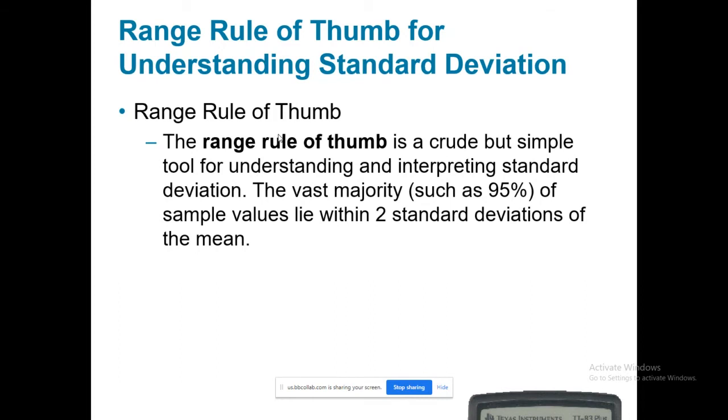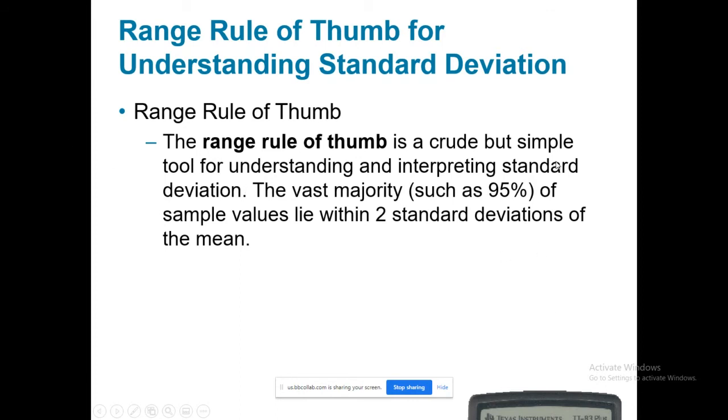Okay, versus going through the formula and calculating a standard deviation, we can use what's called a range rule of thumb, which is a less intense calculation in order to find the standard deviation.